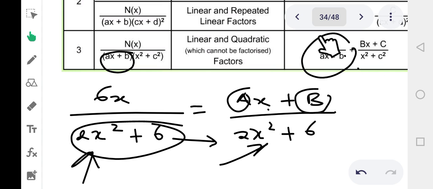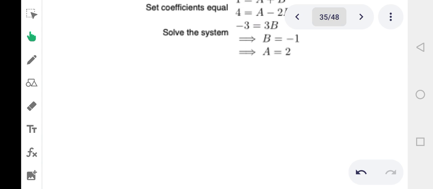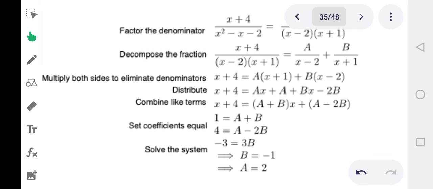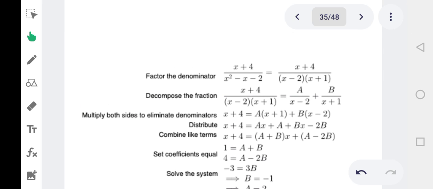But in this case, there was a linear factor. So sometimes we can be given a linear factor and a quadratic factor as well. Sometimes there can be just a quadratic factor like that. So you have to know these things. All right, Ninjas, let's go and look at some examples. So we've got this example, okay?